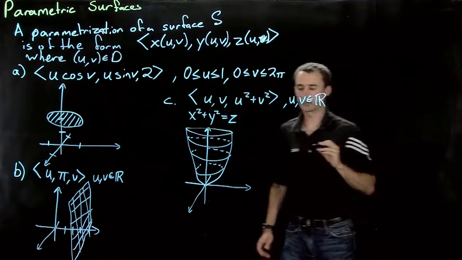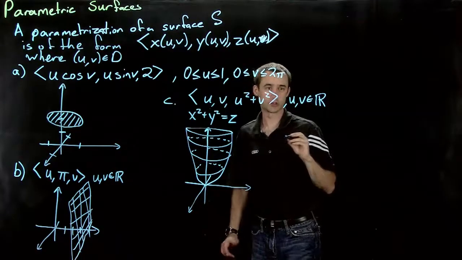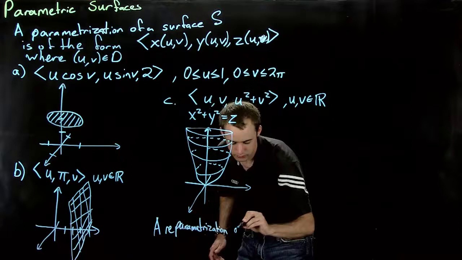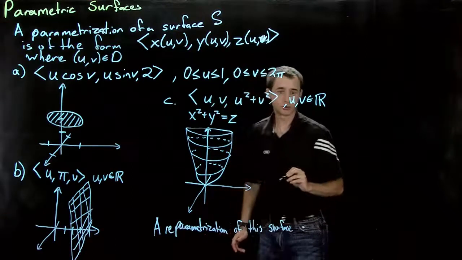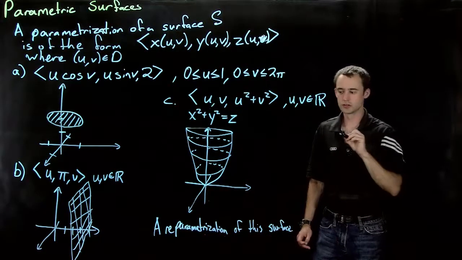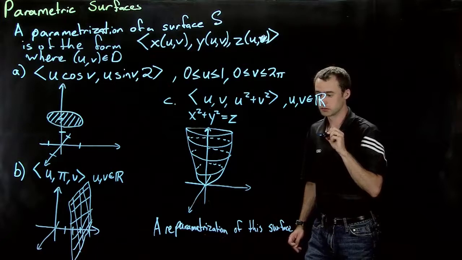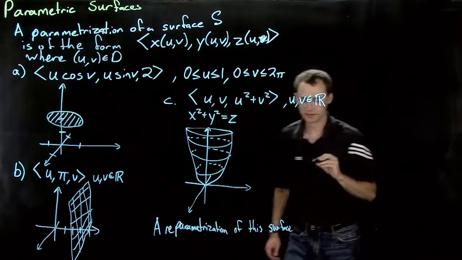Now we can also look at a reparameterization of this surface, and we want to use what's called cylindrical coordinates.